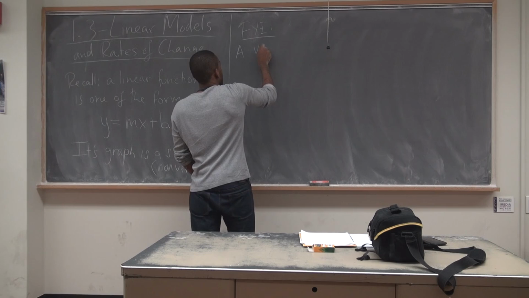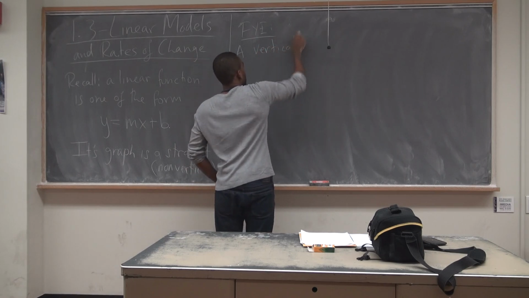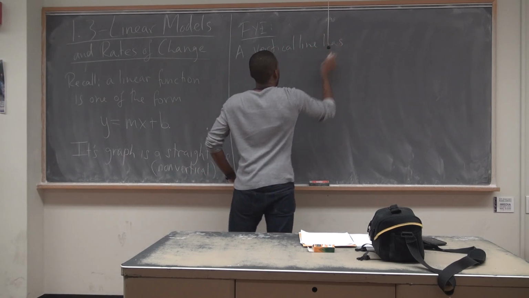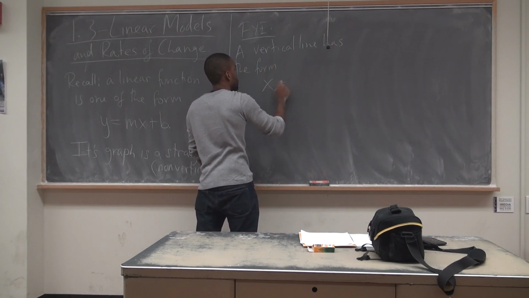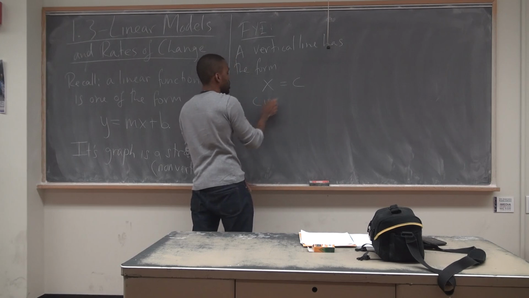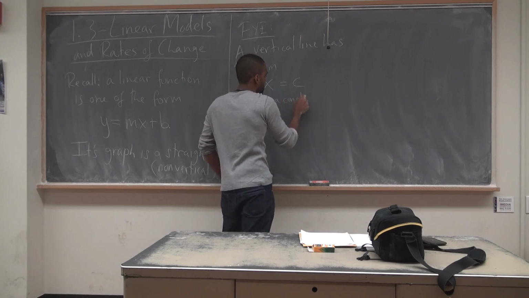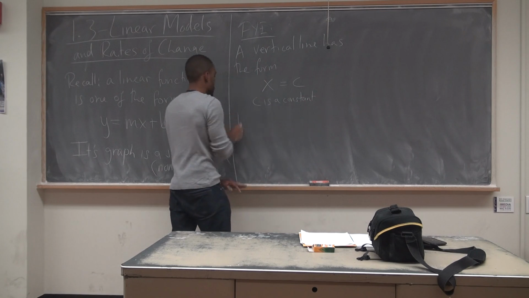A vertical line has the form x equals c, where c is a constant. It is not a function.